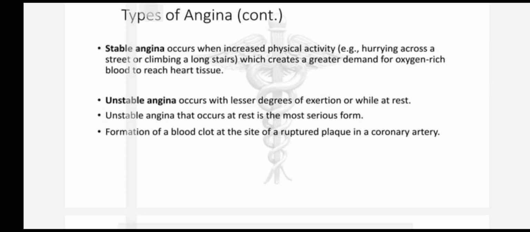Unstable angina occurs with lesser degrees of exertion or while at rest. Unstable angina that occurs at rest is the most serious form, caused by formation of a blood clot at the site of a ruptured plaque in a coronary artery.